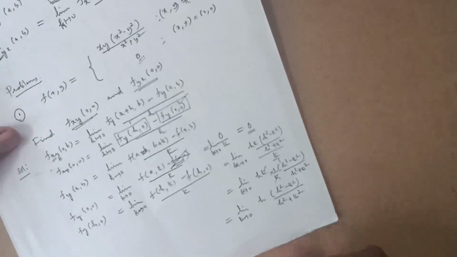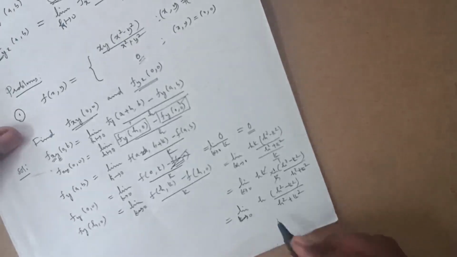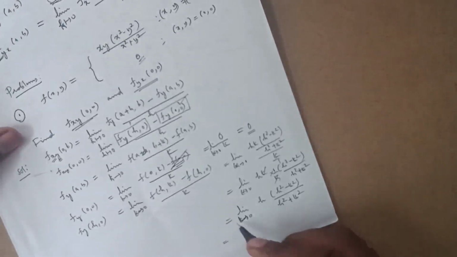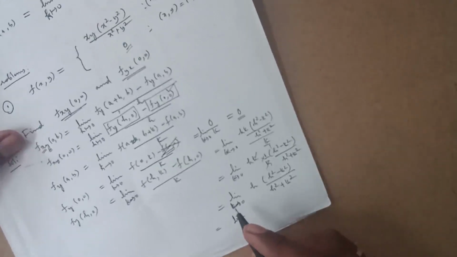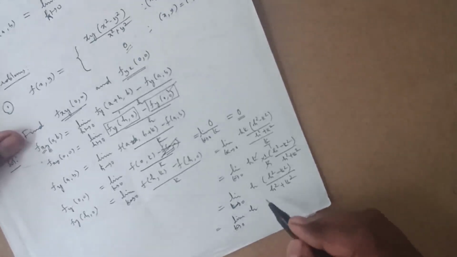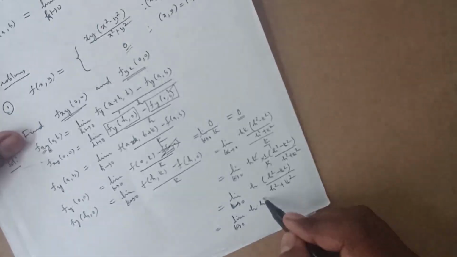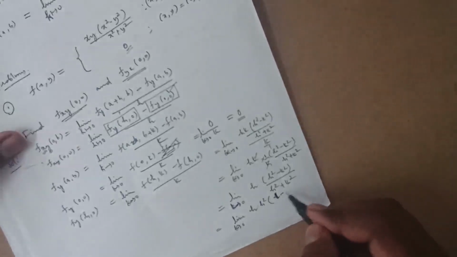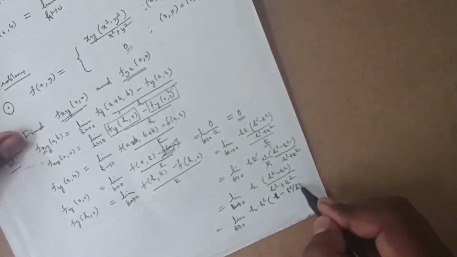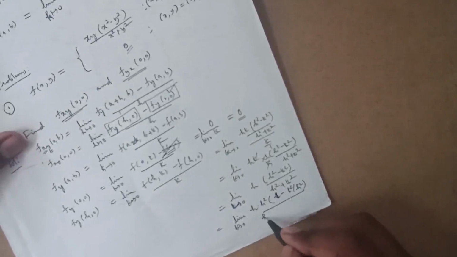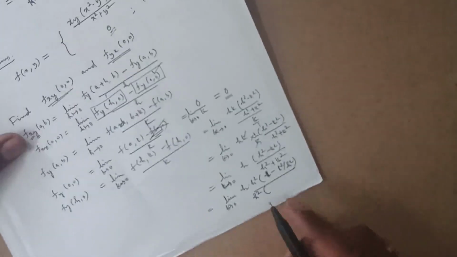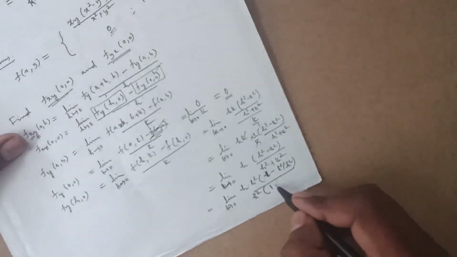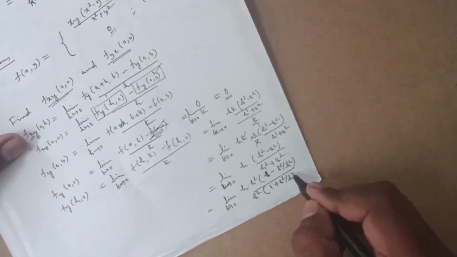Then the limit as k tends to 0. What I will do is take h square out in the numerator, so it is 1 minus k square by h square. In the denominator I take h square out, so it is 1 plus k square by h square.